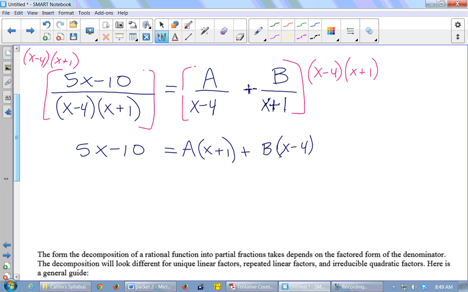Okay. So I'm going to distribute and combine like terms on the right. And then I'm going to have something linear on the right and something linear on the left. So I know that the coefficients on x have to match and the constant terms have to match. So when I distribute here, I get ax plus a. And when I distribute here, I get bx minus 4b. Combine like terms, so I've got an ax and a bx, and I've got a plus a minus 4b.